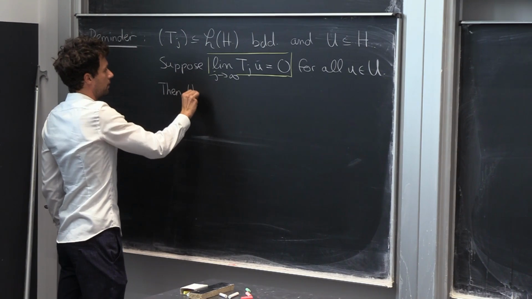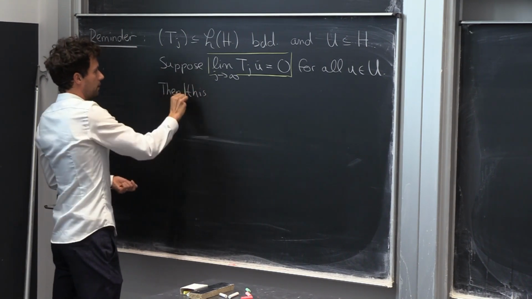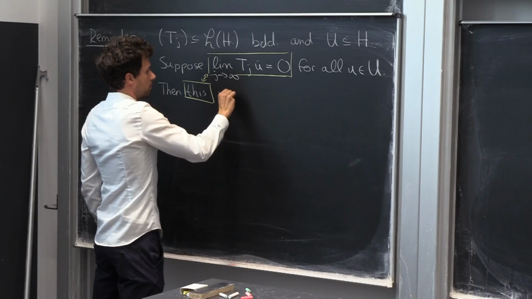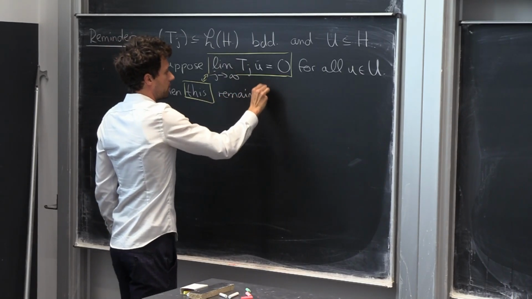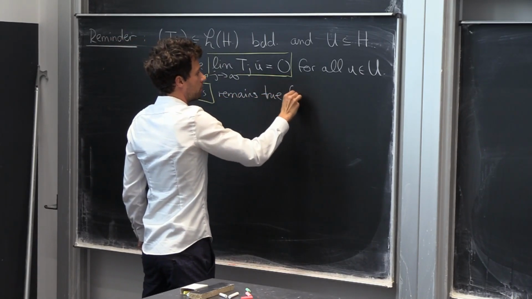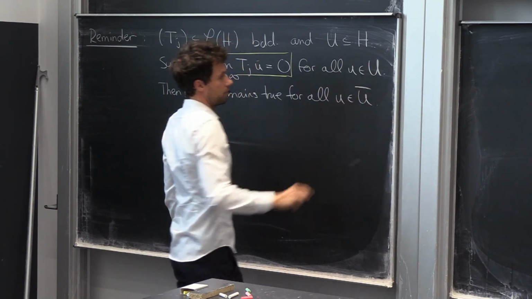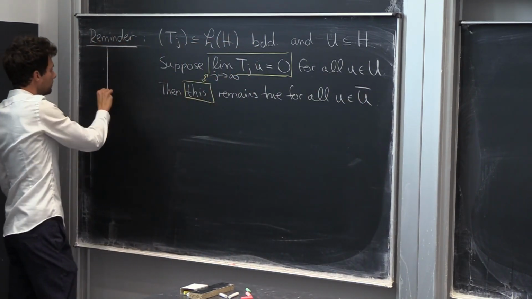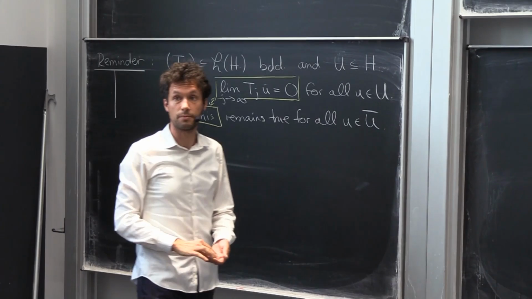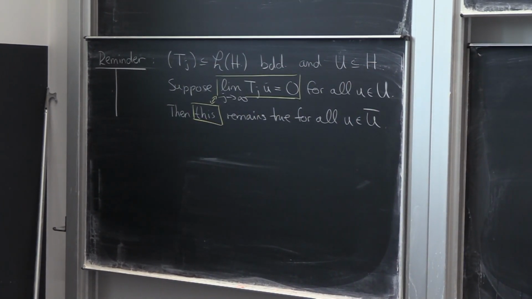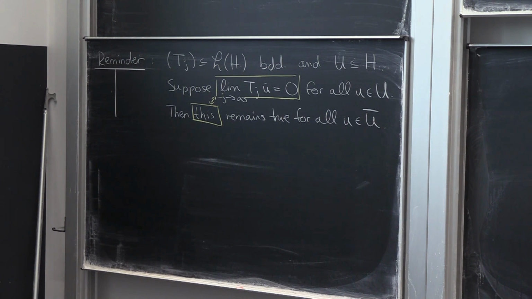Then this remains true for all u in the closure of U. I guess you've seen these kinds of arguments before. And if not, convince yourself, as we put in a footnote in the lecture notes, that this is a 2 epsilon argument.